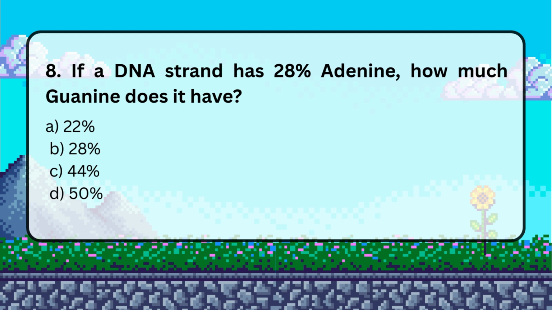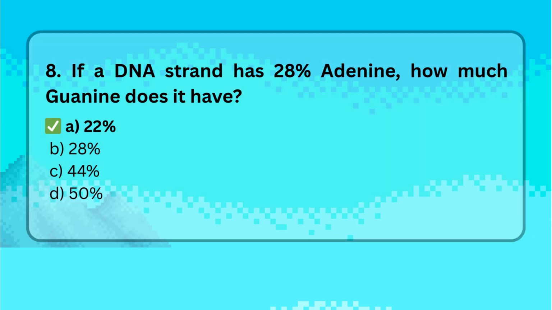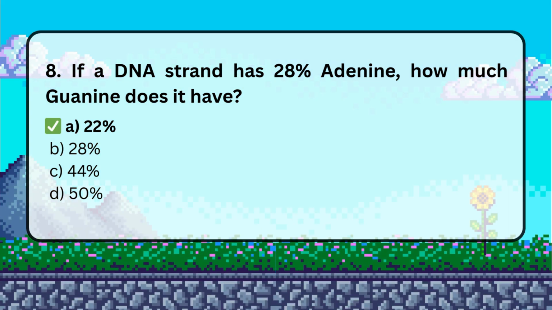Right? So the 44% is shared equally by G and C, because G and C are paired with each other. So 44 divided by 2, the right answer will be 22%. Right? So this is a very tricky question that mostly can be asked by examiners in the exams.